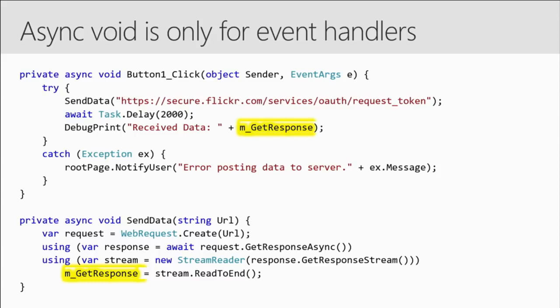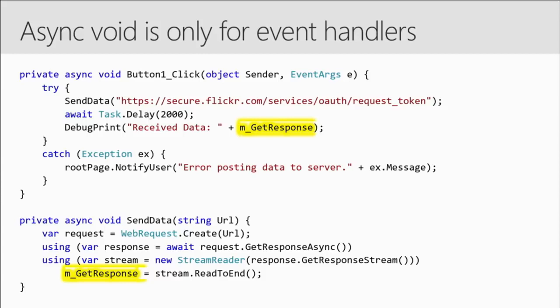We also have this global variable, m_getResponse. Notice we're filling it in send data, and then we want to retrieve it in button one click. Now, sometimes this code works and sometimes it doesn't.